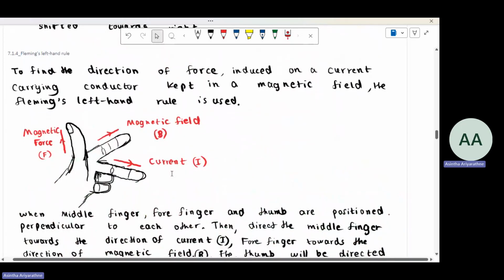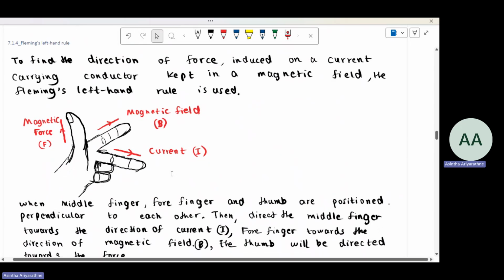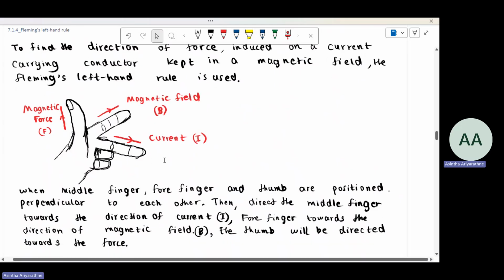It states that when the thumb, forefinger, and middle finger are kept perpendicular to each other, and the forefinger is directed towards the magnetic field and the middle finger towards the current, the thumb points towards the direction of the magnetic force.